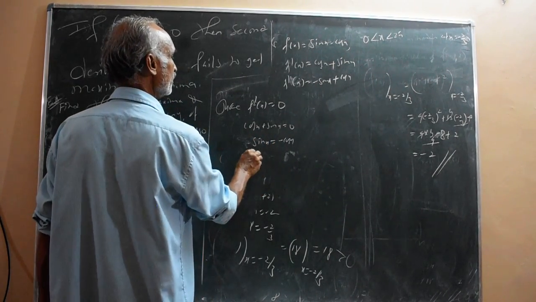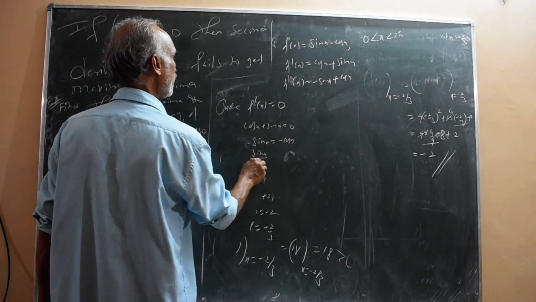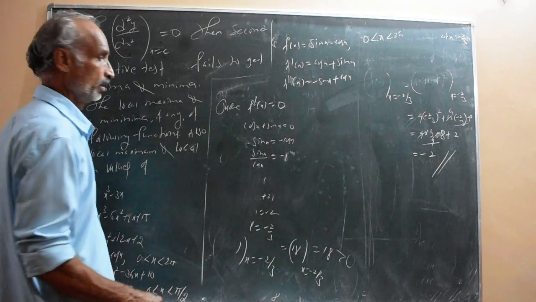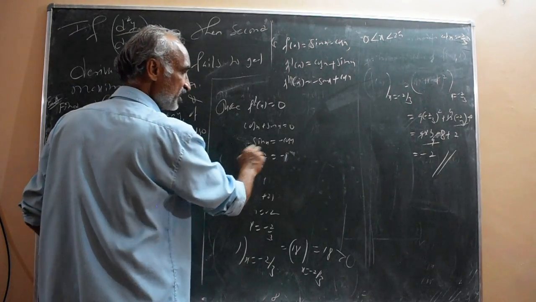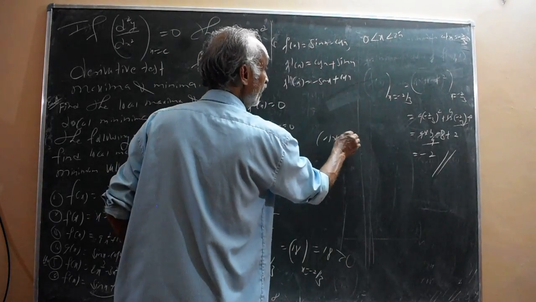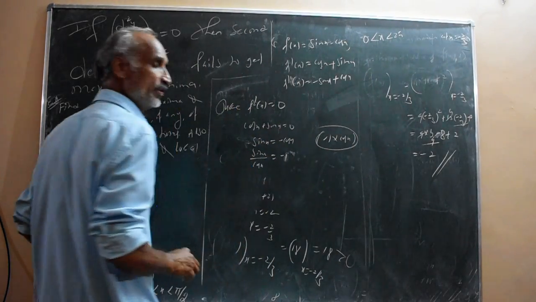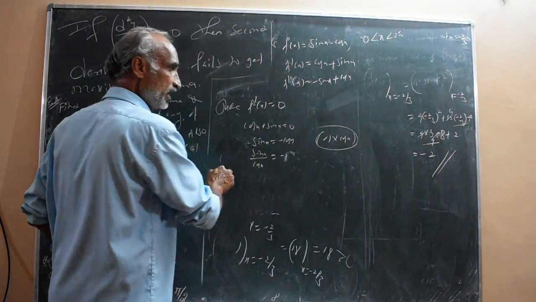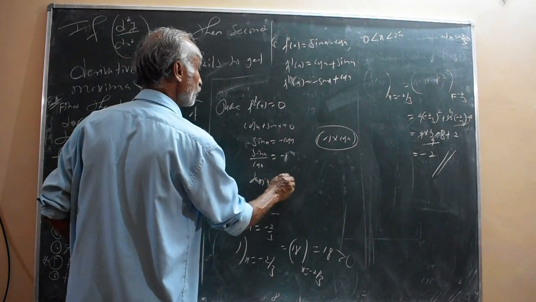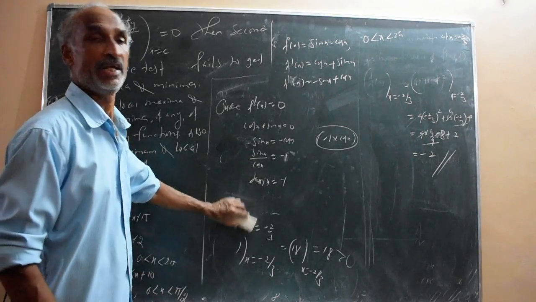Cross multiplying, sin x upon cos x is equal to minus 1, so tan x is equal to minus 1.